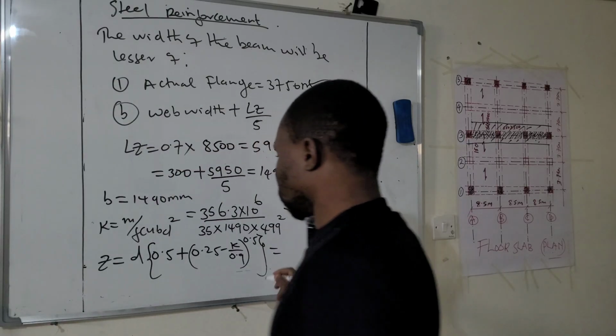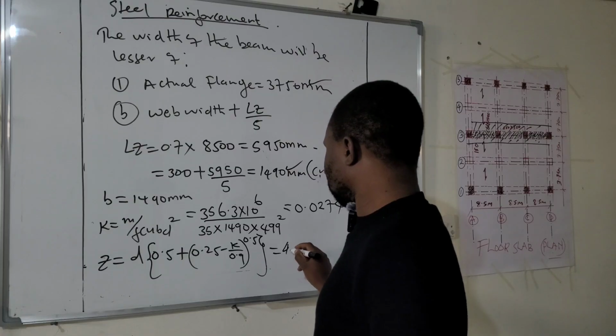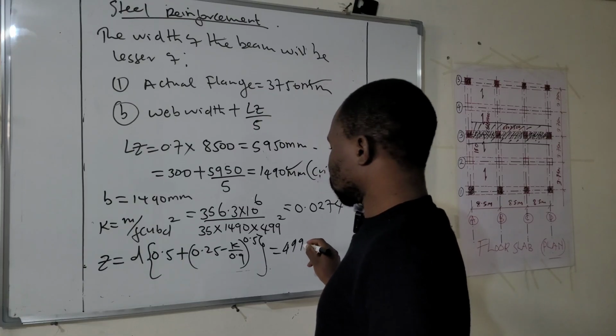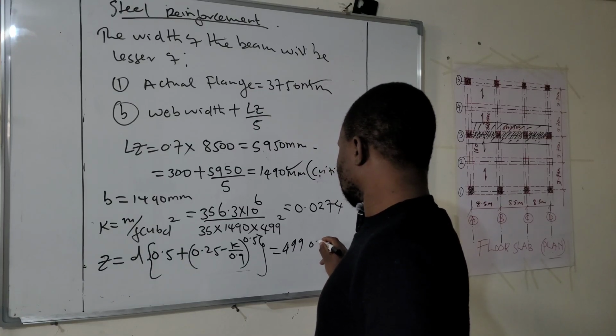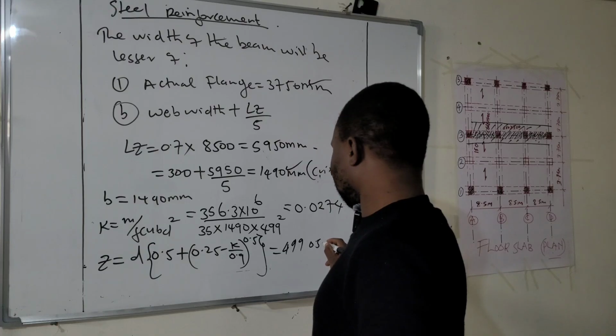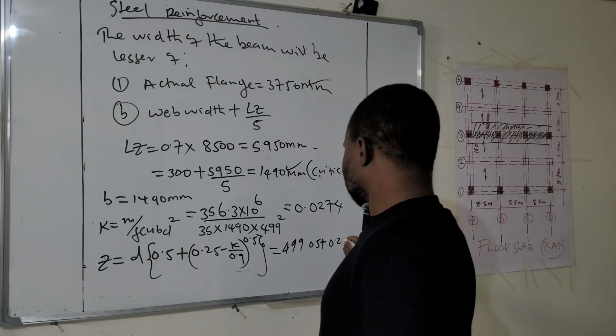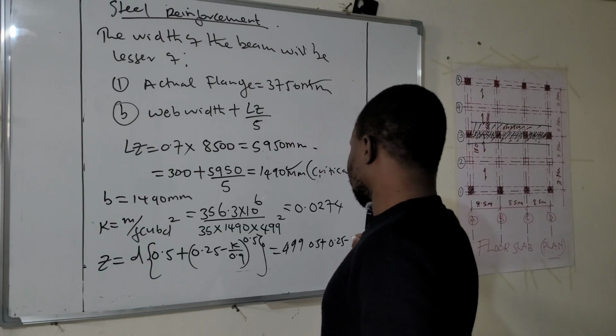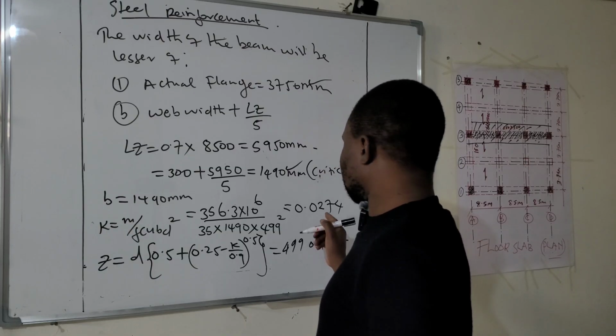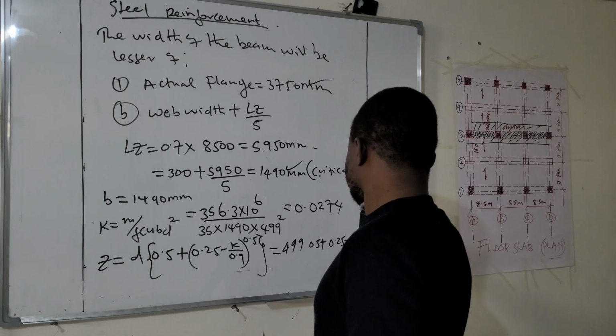So this one is equal to D, 499, 0.5 plus 0.25 minus K, 0.02.